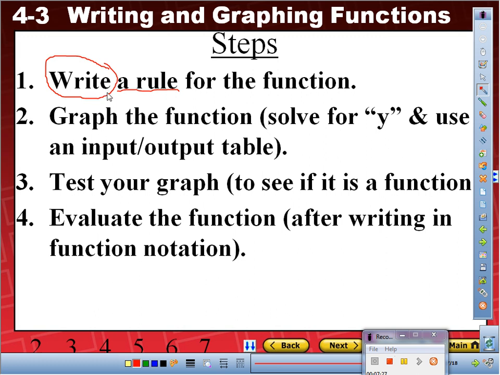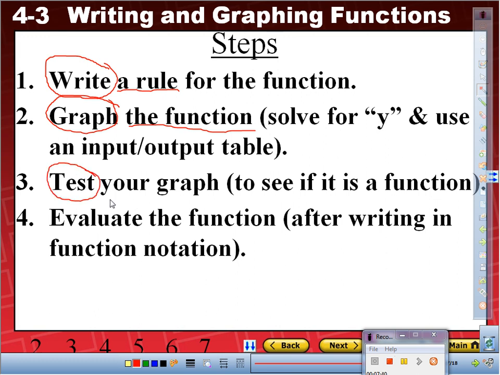Step 2, graph the function. Step 3, test your graph. Step 4, evaluate the function. So here go all 4 steps.